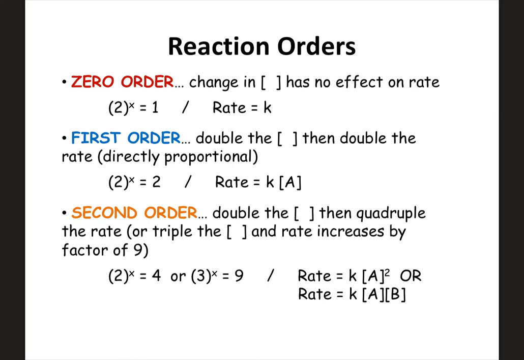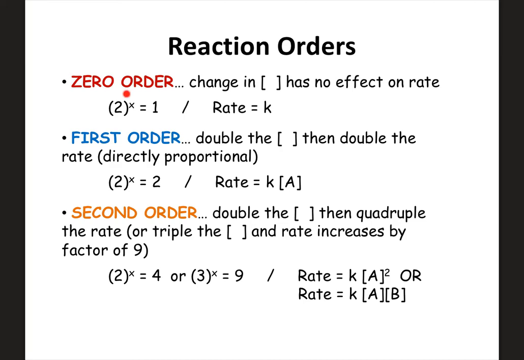A little bit more here for you to think about with these reaction orders. Remember, the higher the number here, the greater the change in concentration of that reactant impacts the rate. So if a particular reactant is zero order, essentially what that means is a change in concentration has no effect on the rate here. All right.